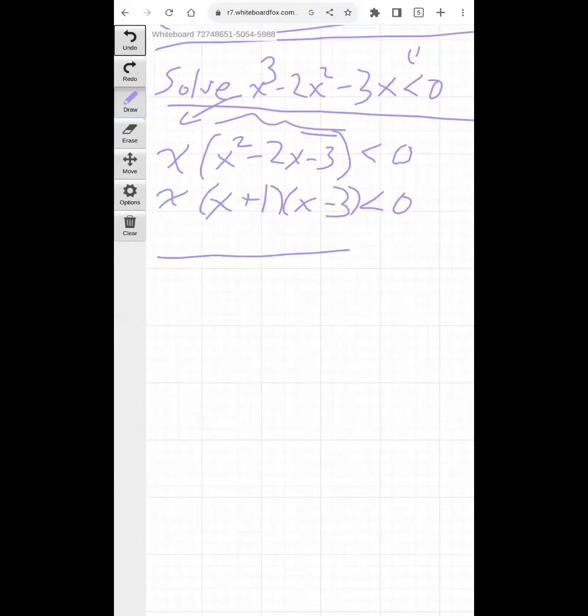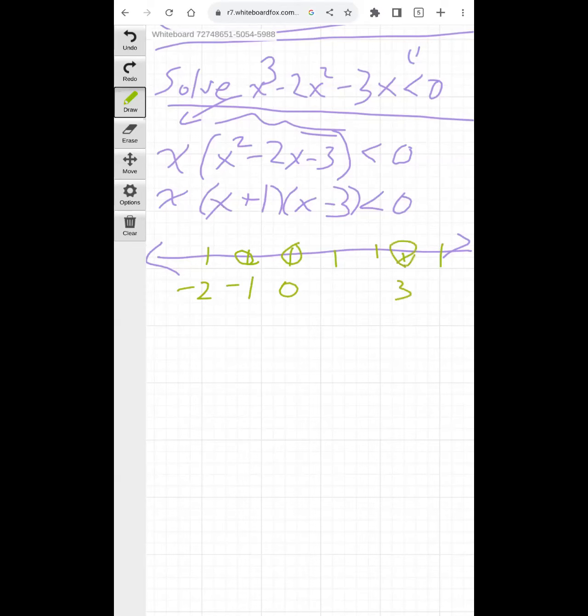Now we're going to plot those on a number line. I'm going to start off with the number -2, and go -1, 0, 1, 2, 3, and 4. We plot all of the zeros of this inequality on the number line: at -1 I'm going to put an open circle, and x equals 0 is a root, and 3 is also a root of this inequality.